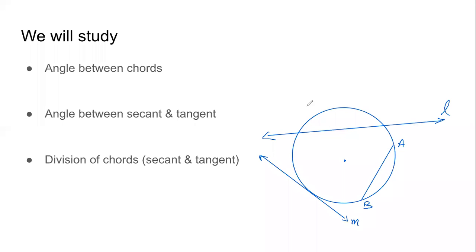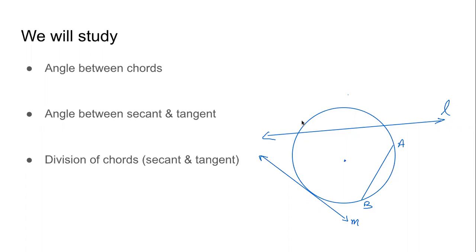Tangent. It is not a tangent. It's a secant. It's a secant because it passes through the circle at 2 points. L is a secant. What is the line M? Line M is a tangent, correct.